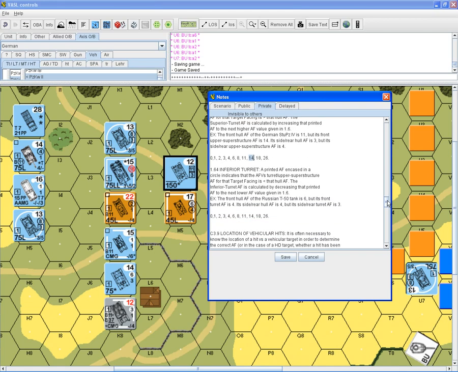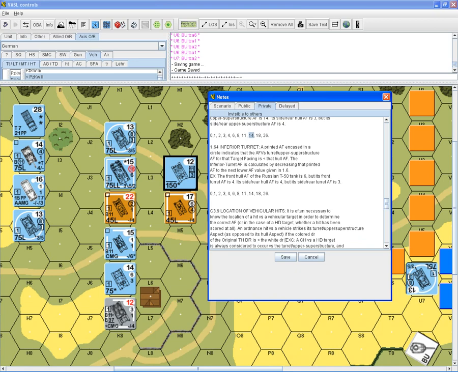And of course, if it's represented by a circle, which is this counter here, that means the turret or upper structure is inferior or less armor. So in this case, if you were to attack this target from the front, it has a 6 for its hull, but since it's in a circle, it's going to have 1 less armor value. 6 here gets dropped down to a 4.